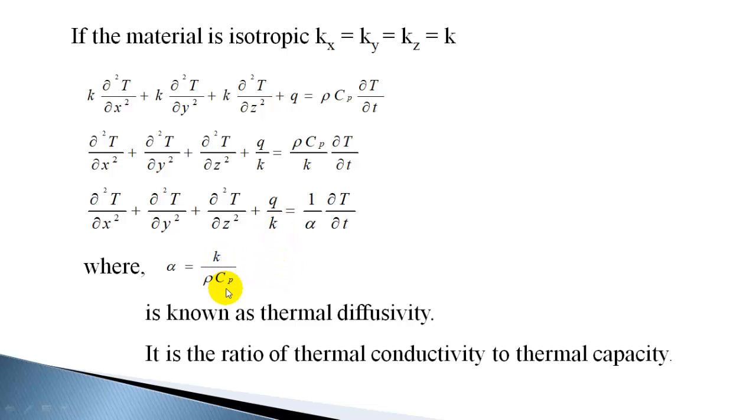Now we have taken alpha as k by rho Cp. So alpha is thermal diffusivity, which is k by rho Cp. K is thermal conductivity and rho Cp is thermal capacity. Good thermal conductivity always permits the heat to flow easily through a material, and rho Cp is the thermal capacity.